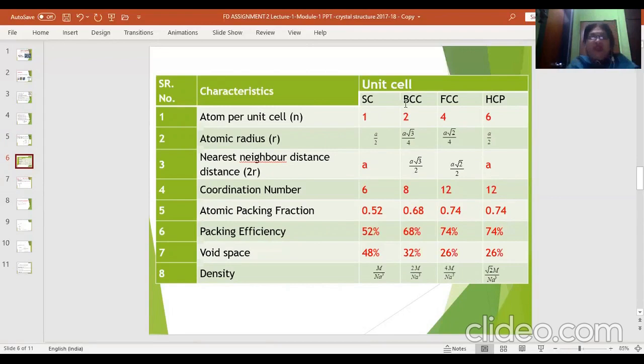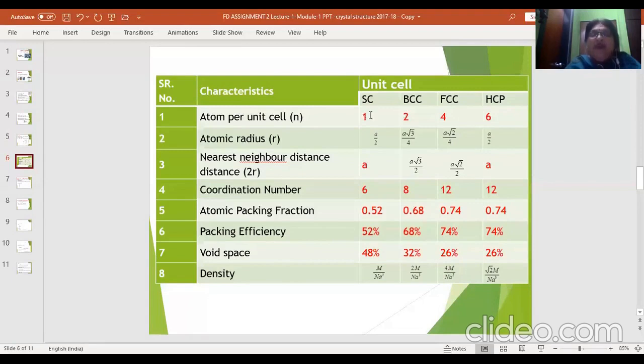So if you see this simple cubic, body-centered cubic and face-centered cubic, this you ignore right now. Then we will have all the parameter comparison among themselves. First, I will take the atoms per unit cell: for simple cubic it is 1, because there are 8 corners and each corner atom is shared by 8 unit cells, so 8 into 1 by 8 will make it 1.